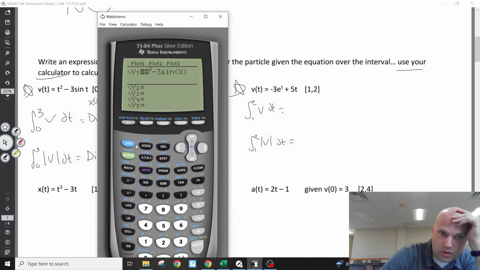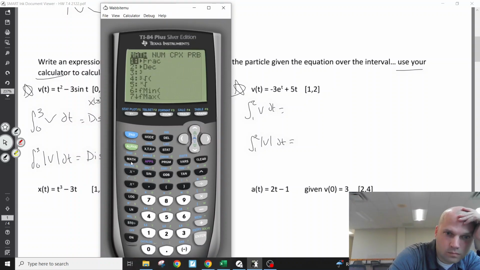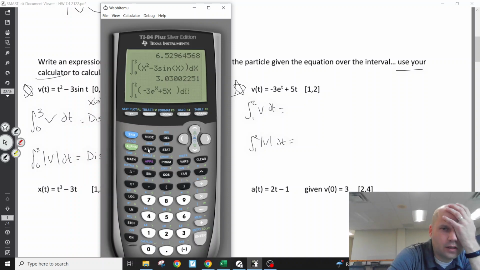All right, back to the home screen. 1 to 2, negative 3 e to the t plus 5t. Oh, I did the classic mistake.